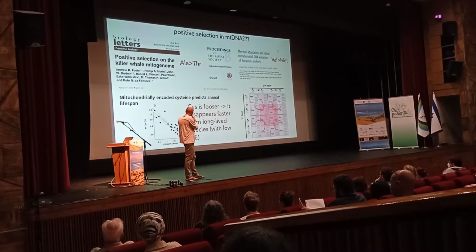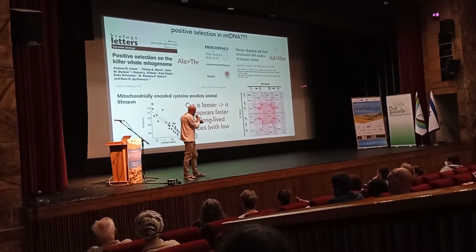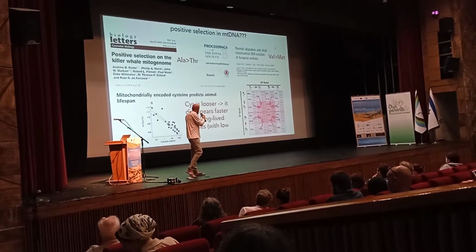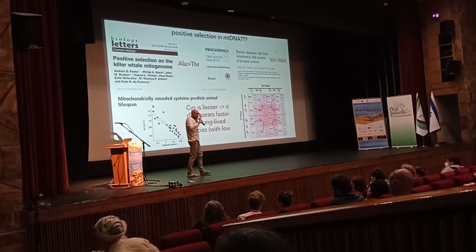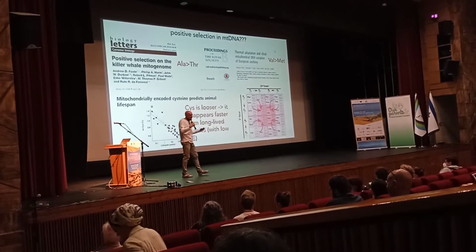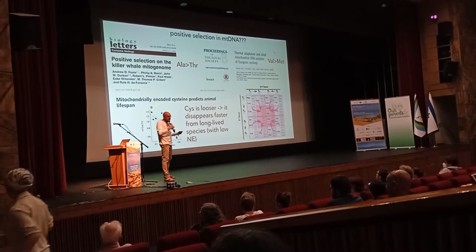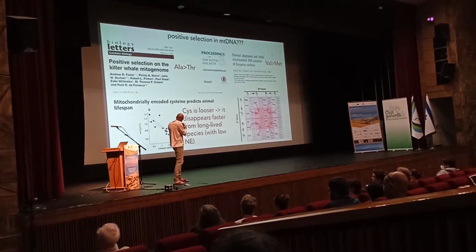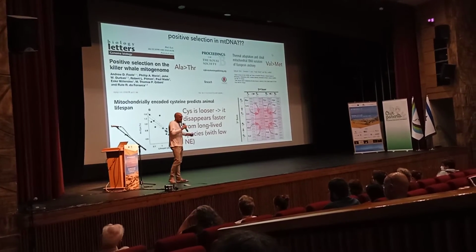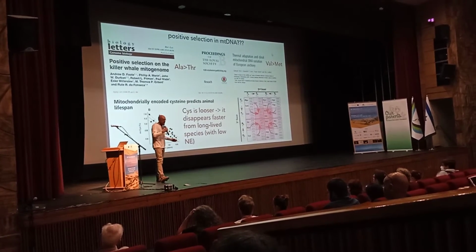Cysteine is more common in short-lived mammals. Yeah, because cysteine is a loser and it disappears faster in rare populations of long-lived mammals because there is huge genetic drift in long-lived mammals. That's why they have no cysteine. And of course, cysteine predicts animal lifespan, but it's not positive selection.